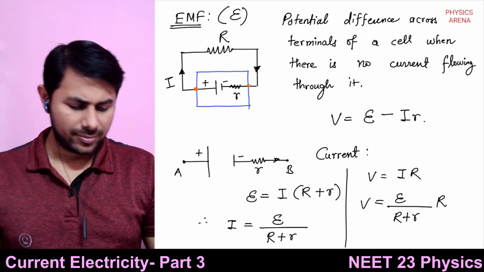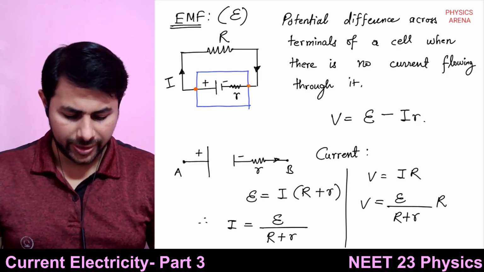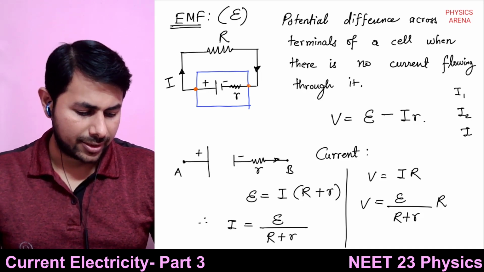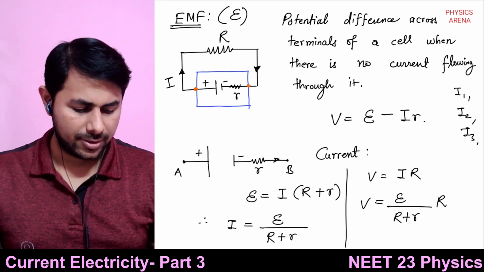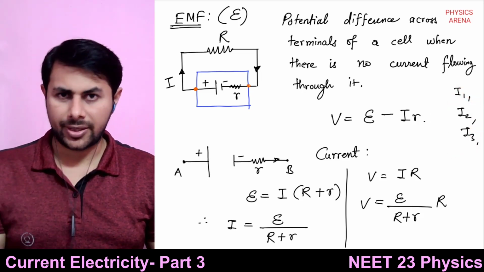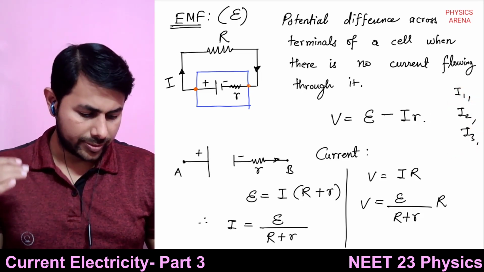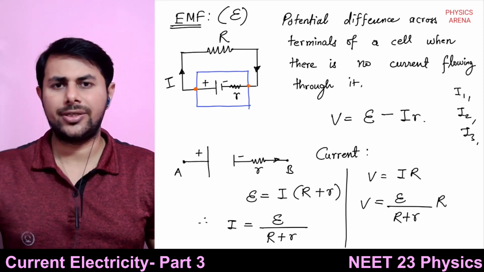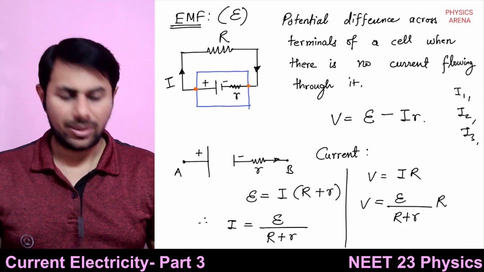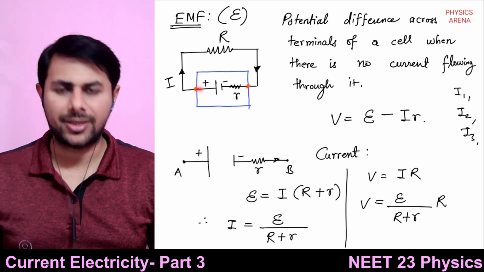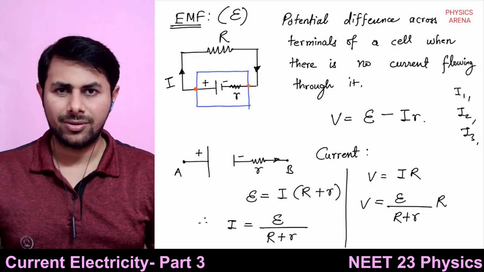Suppose you are given 3 cases, I1, I2, I3, which are currents flowing through some circuit, provided by the battery to some external resistors. In which case would the potential difference across the terminals of the battery be maximum?